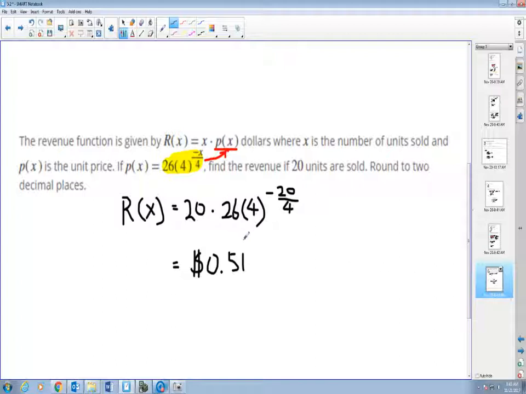But for more sophisticated companies, they actually have a way to figure out what their unit price needs to be. You've got to think about things like the cost of materials, transportation, all that stuff.